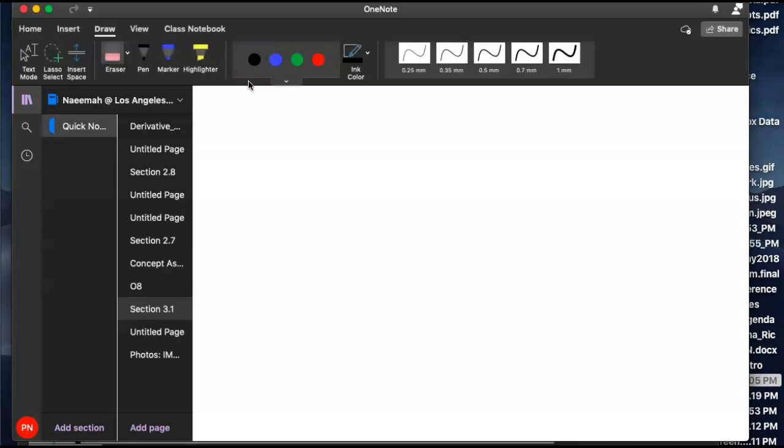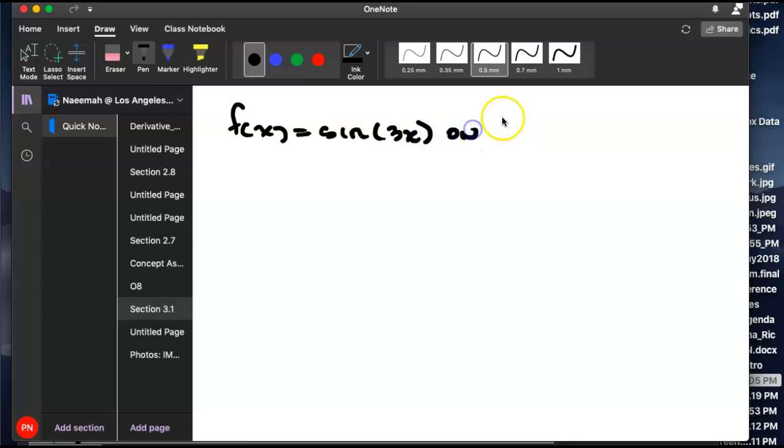Okay, let's take a look here at another example. Our favorite, the trig family, f of x equals sine of 3x on the closed interval from negative pi fourths to positive pi thirds.